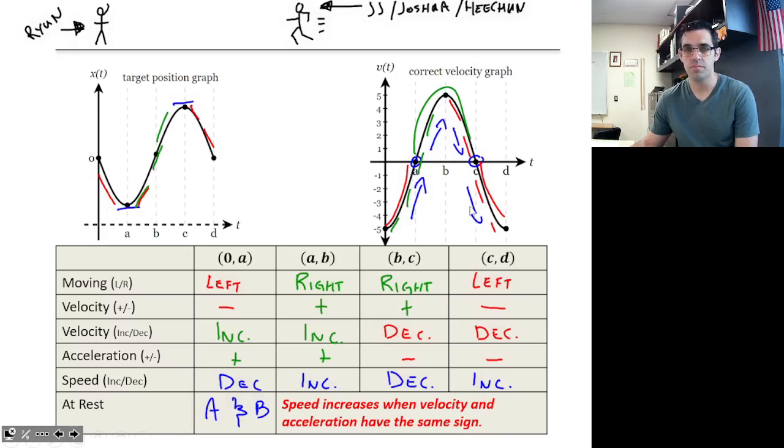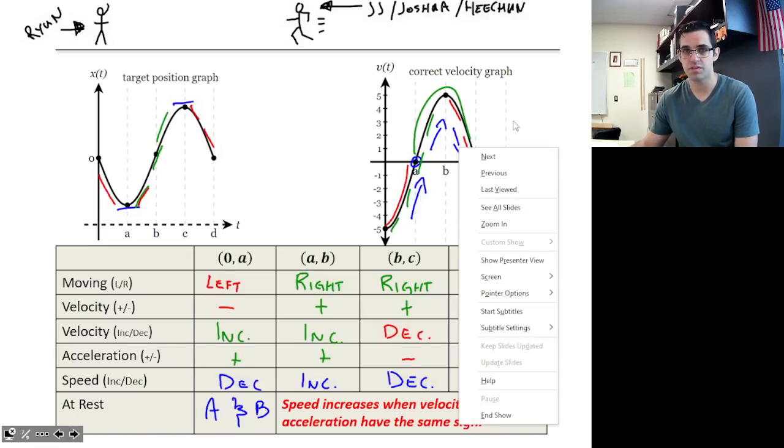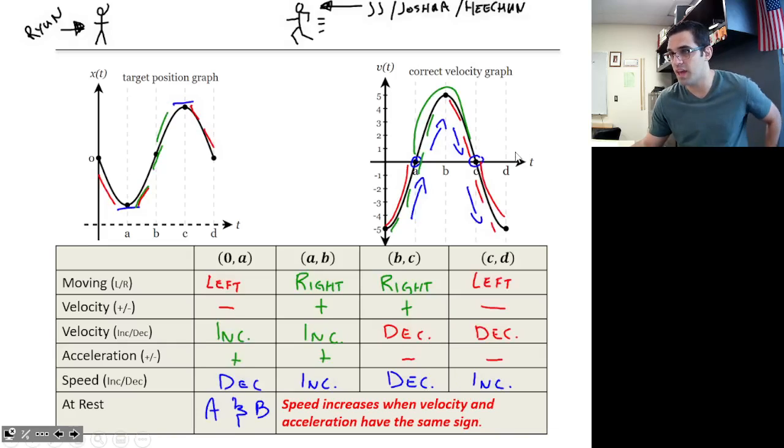From A to B and from C to D, our direction is moving away from the x-axis, so our velocity is increasing, which means, well, it's increasing from A to B, it's decreasing, but in the negative sense from C to D. So the absolute value of the velocity would be moving away from the x-axis. So our speed is increasing on both those intervals. So from A to B and from C to D, we have increasing speed.